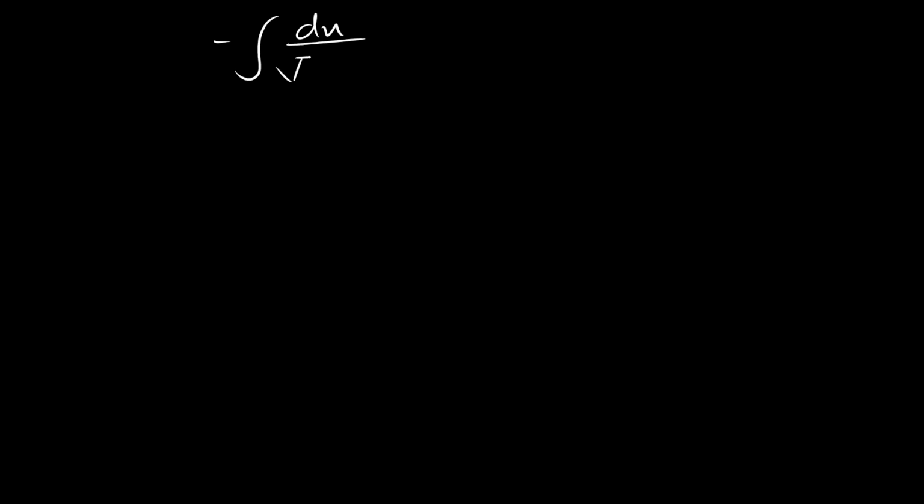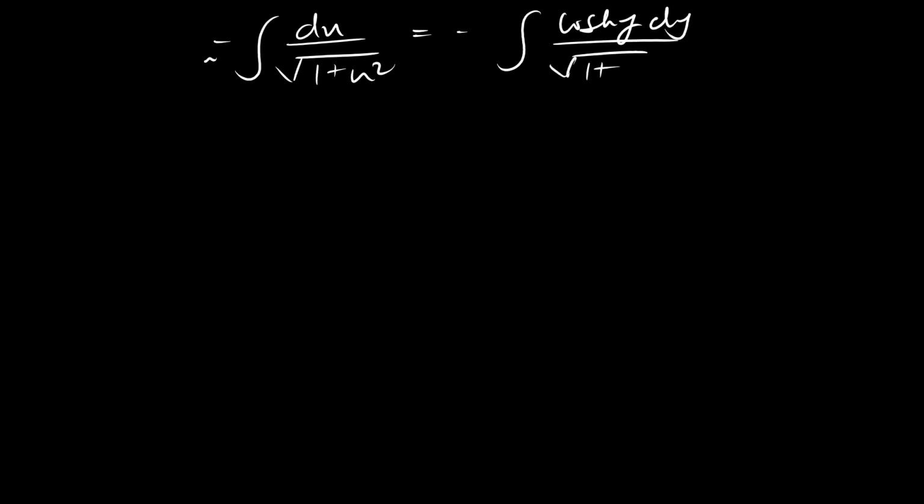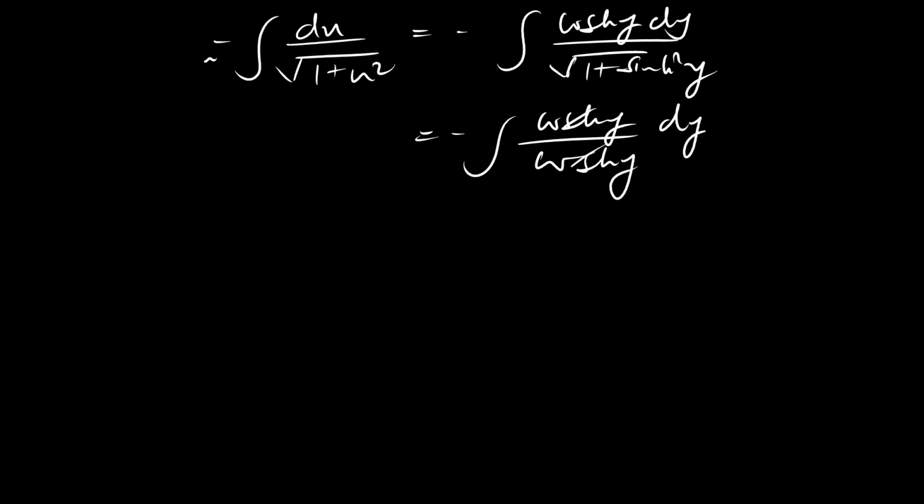du over square root of 1 plus u squared, and there's a negative here, this becomes negative of cosh y dy over square root of 1 plus sinh squared y, which becomes cosh y, and the denominator here is the square root of cosh squared y, which is cosh y, and so as you can see, this cancels that, which is negative y plus c.